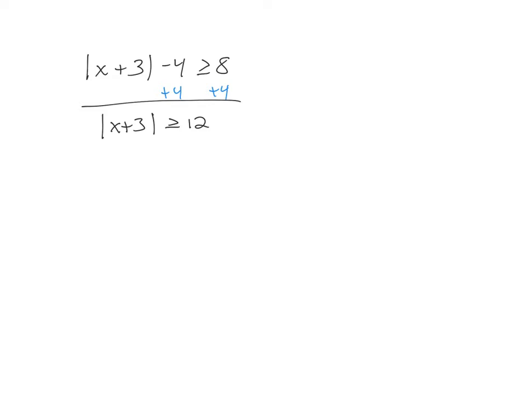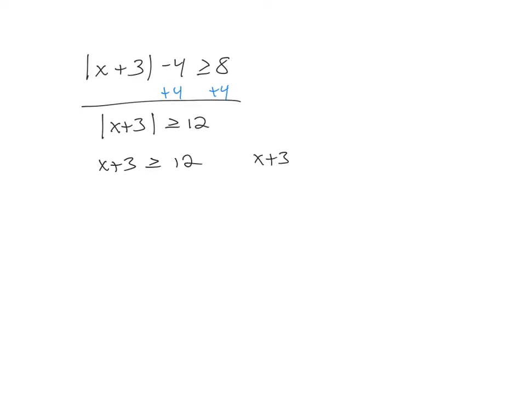Okay, check for no solution or all real numbers. The equations, we're looking for a negative number where the 12 is. Excuse me. So since there's not, we can keep going. So we're going to write our two inequalities.